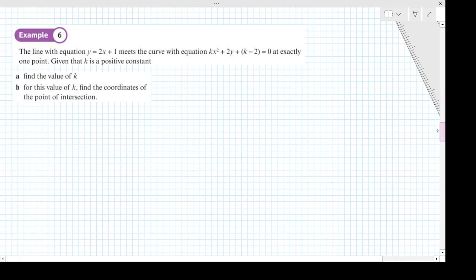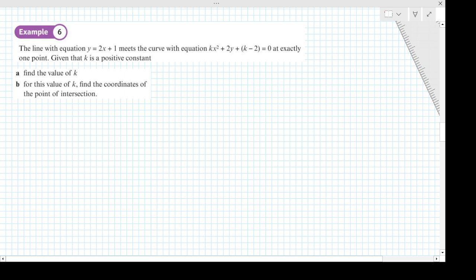Okay, but if we have this in our mind about graphically when the graphs cross over, that's when they intersect, that's when the solution occurs, we can end up solving more complicated questions as well, like this one.